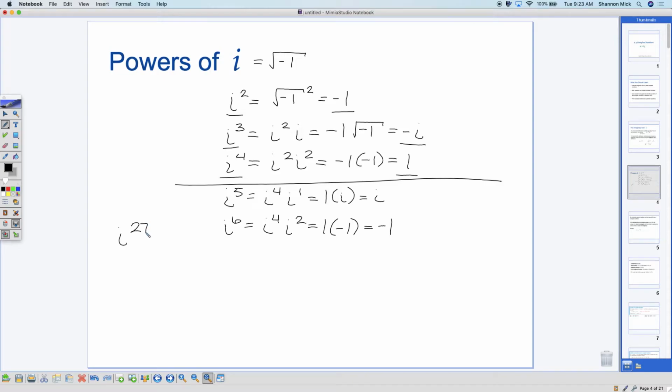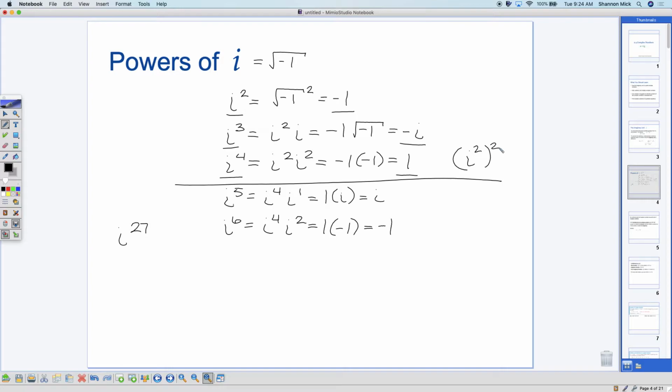No. Rather than writing i squared times i squared, I could have written i squared squared, which would be i to the 4th.